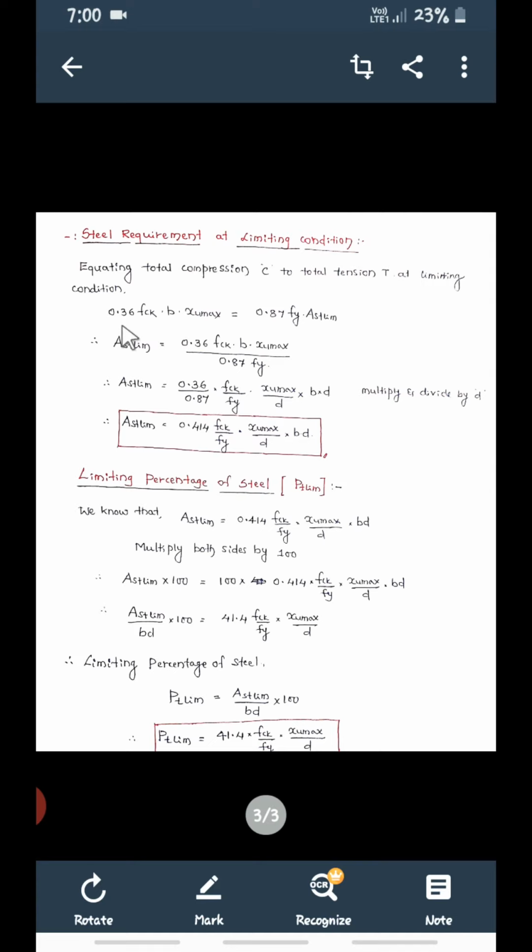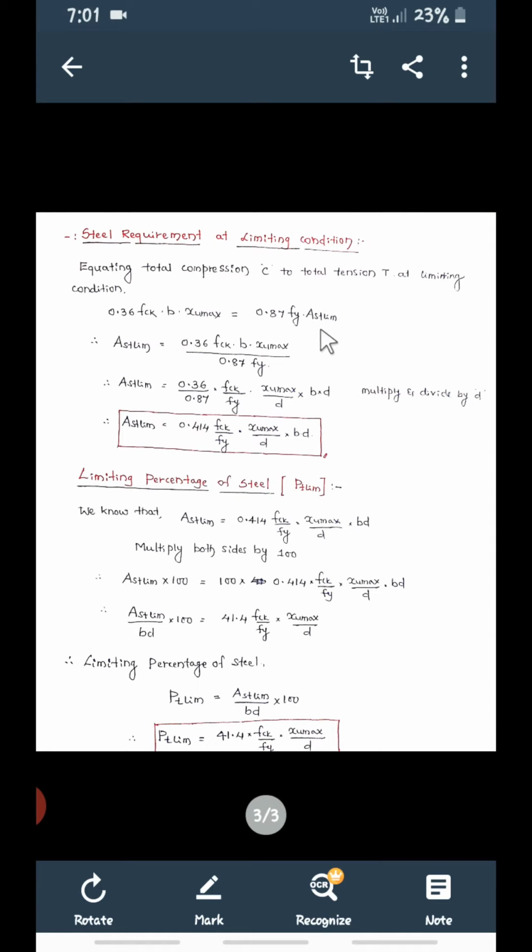Now what is C? C is 0.36 fck b into Xu, that is the actual equation. But at the limiting condition, what does Xu become? Xu becomes Xu max. So therefore C is 0.36 fck b into Xu max, that is equal to 0.87 fy Ast. Actually it is Ast, but at the limiting condition it is Ast limit. So this is the total C and this is the total T. Therefore what do we want?